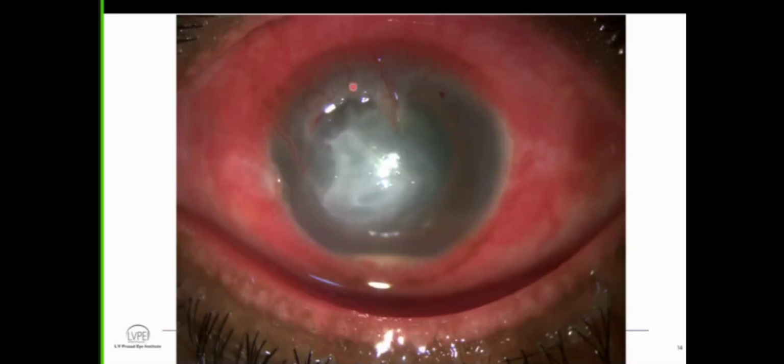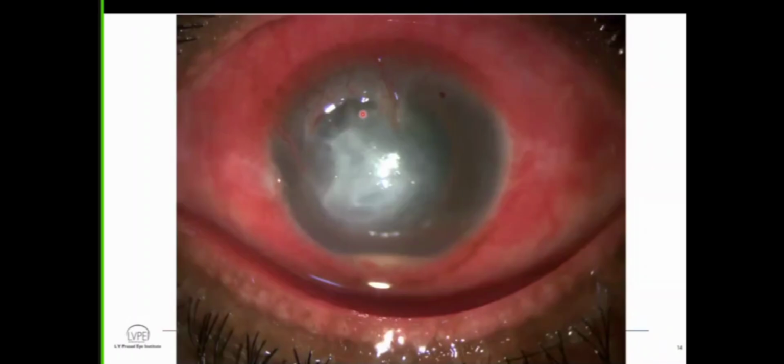So you can see, because it is becoming a descemetocele, you can see the anterior chamber through that. So clearing is not always a good sign, especially when you're dealing with active infections. These patients will require early rehabilitation or early tectonic stabilization with a surgery or application of glue. So you need to be careful.